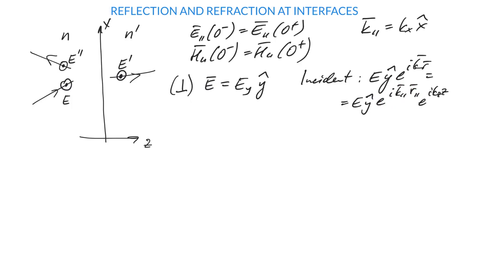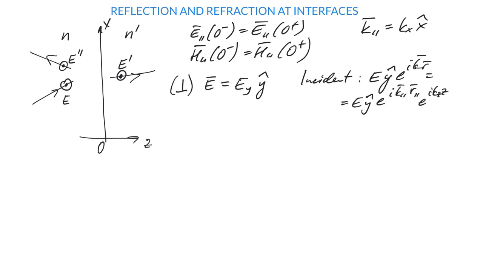Because they have to match everywhere, this factor is the same everywhere. So in the matching condition, we just drop it. It appears in every term. Now, this term, e to the i k z times z, will be set to 1 because we pick the 0 on the z-axis to lie exactly at the interface.